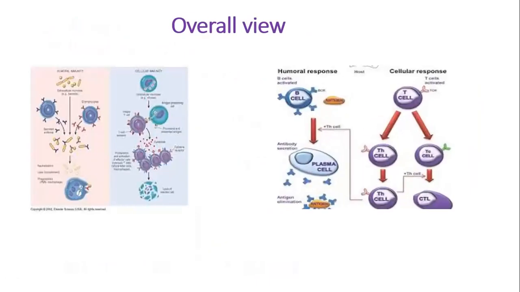Overall, this is the case of humoral specific immune response, and the other case is for cell-mediated. Look at the humoral. In case of humoral, antibodies are secreted and they attack antigen, soluble antigen for example, or cellular antigen, and make antigen antibody complex.